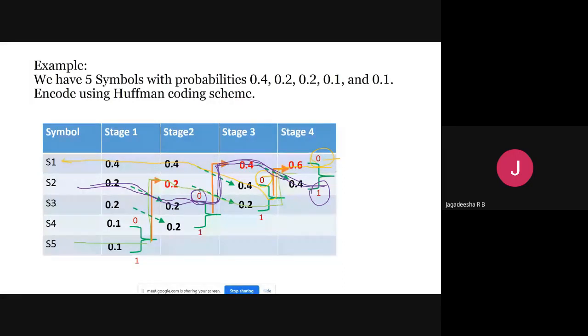So this is the reverse path. So I will get a 0 here, and then I will get, okay, this arrow mark. I come down here, and I get a 1 here, and then I go here, where?